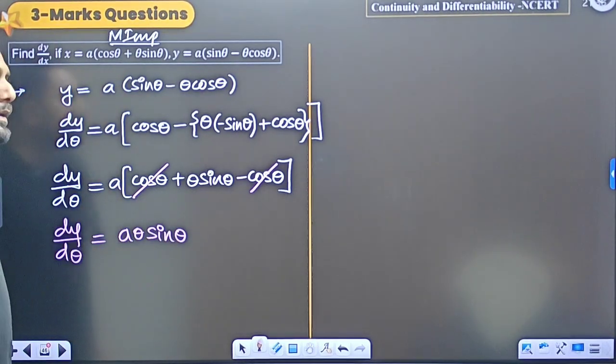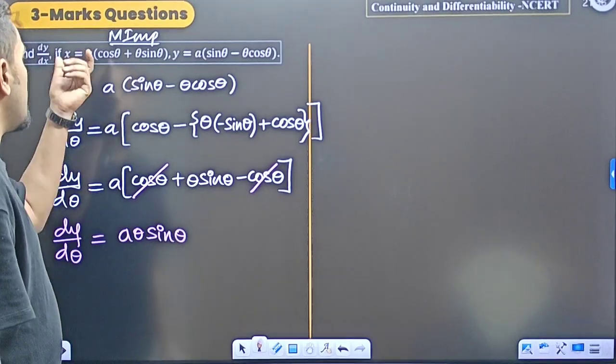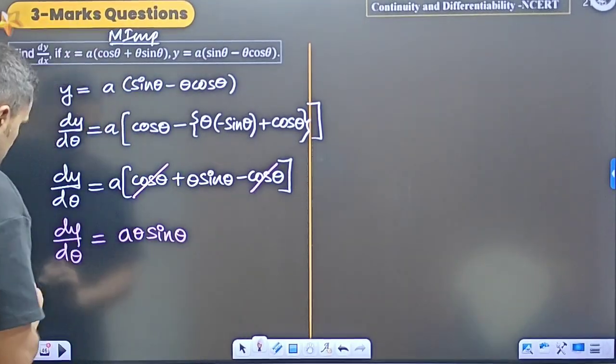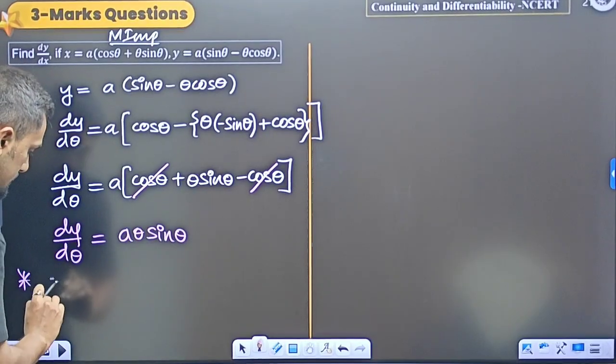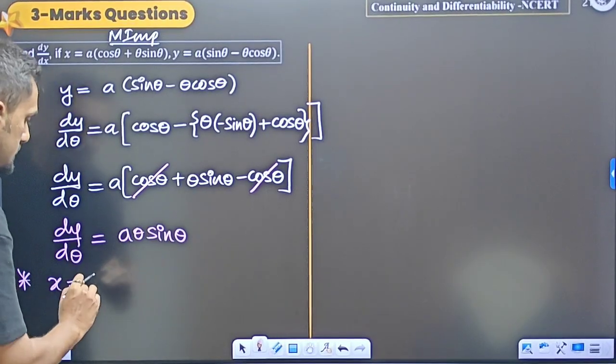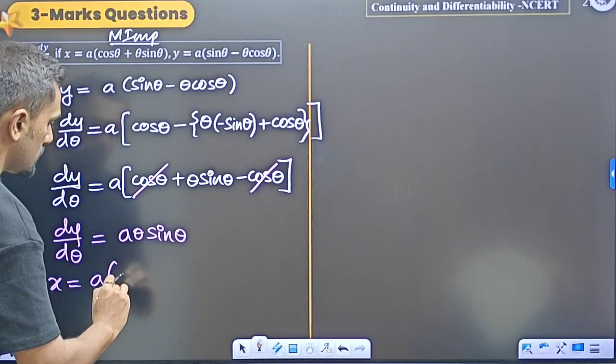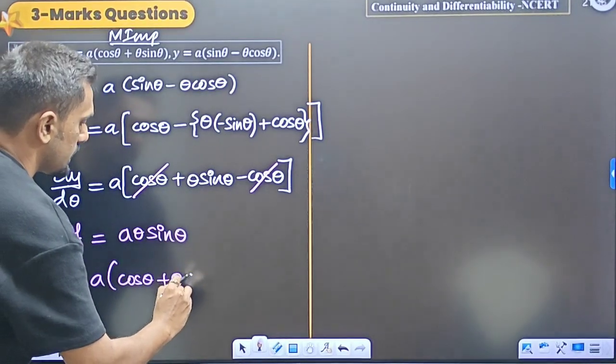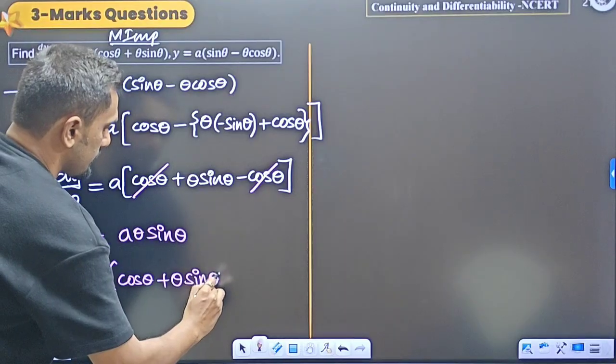Next I need to differentiate x with respect to theta. What has been given is x equals a into cos theta plus theta sin theta.